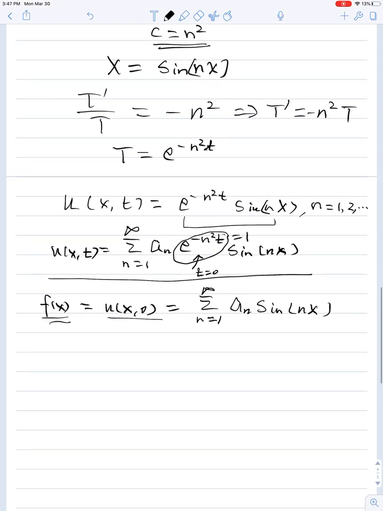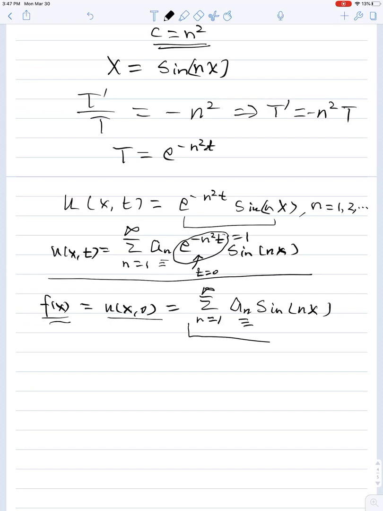So the idea is that, in order to find a solution, we need to determine this a_n. But how do you determine this a_n? This is the key point here.